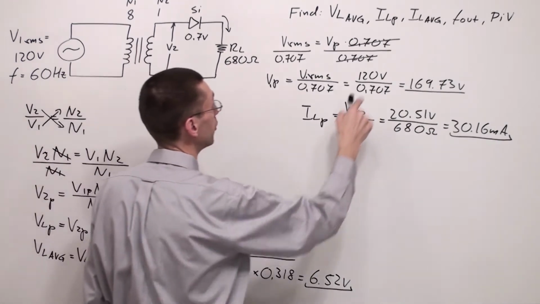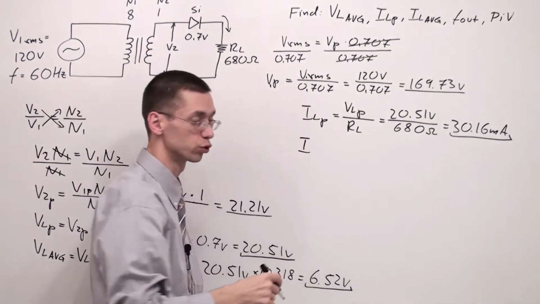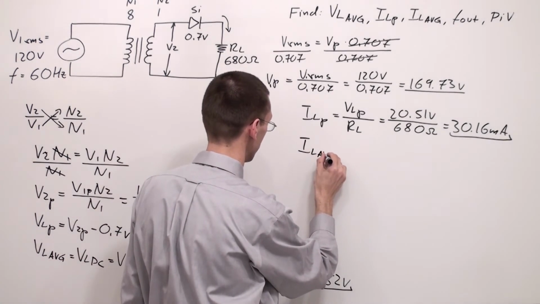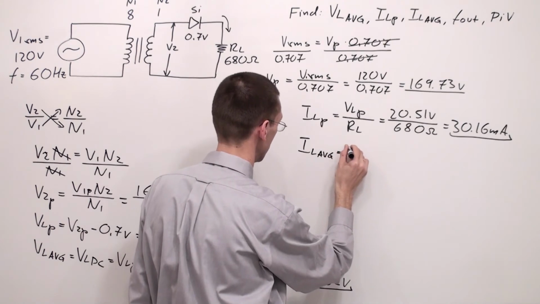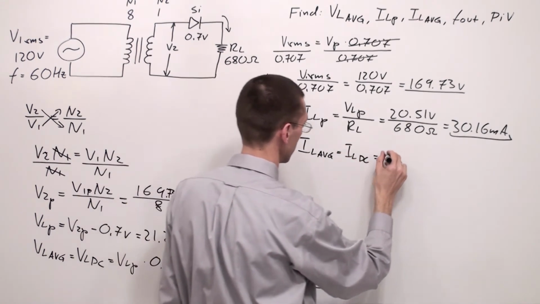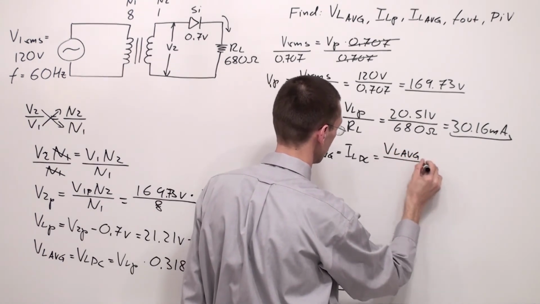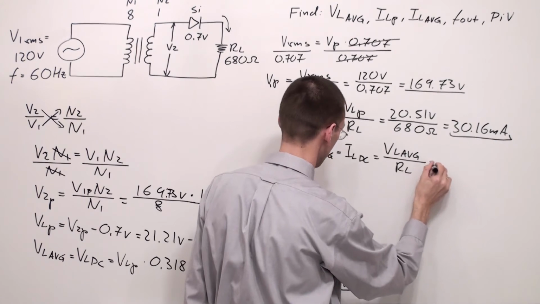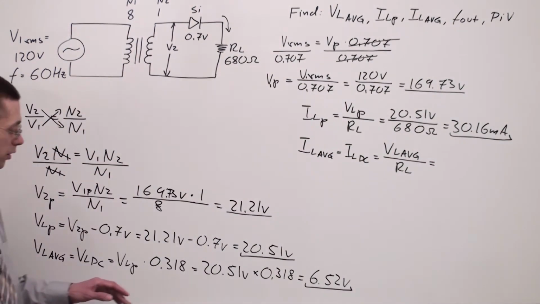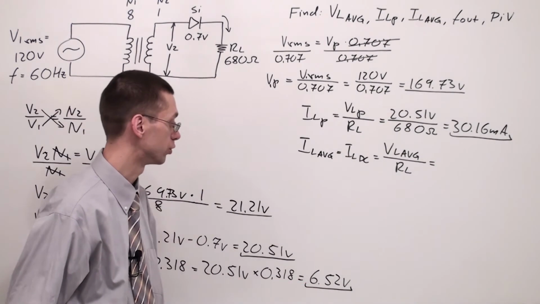Next, I have to find IL average. Again, I'm going to use Ohm's law. IL average, which is also called IL DC, is equal to VL average over RL. We found VL average is equal to 6.52 volts.